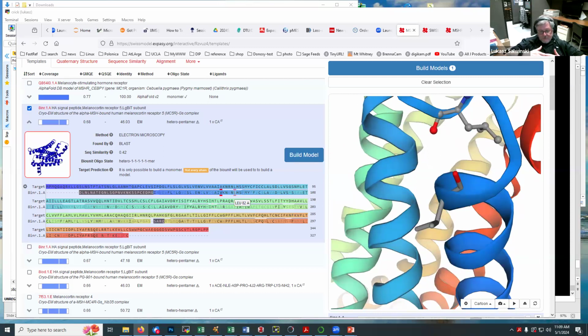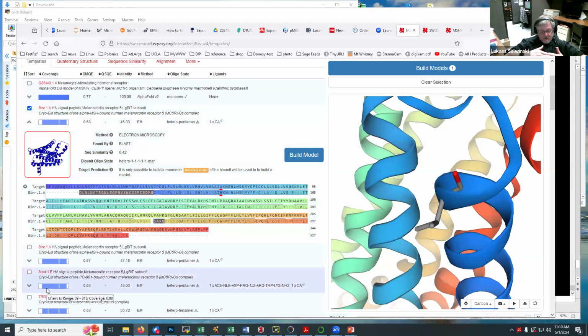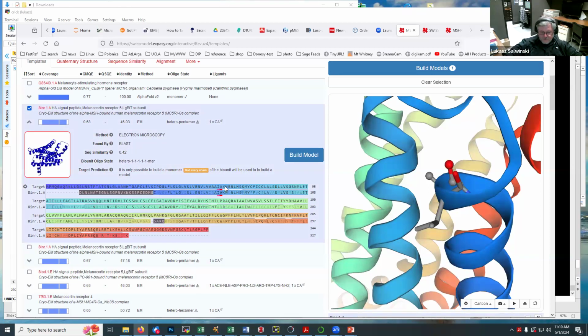If, for example, we are interested in a range of residues in our sequence, we might check individual templates to see if any of those is covering or is more similar in this region to our sequence than others, and this would be a better starting point.